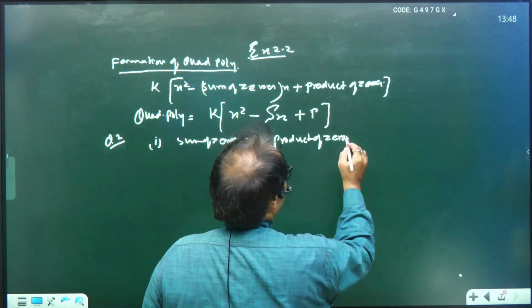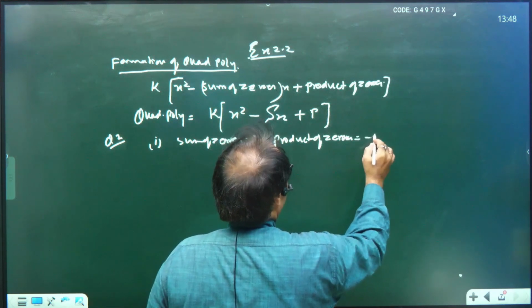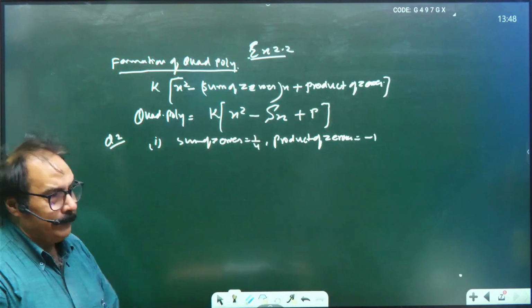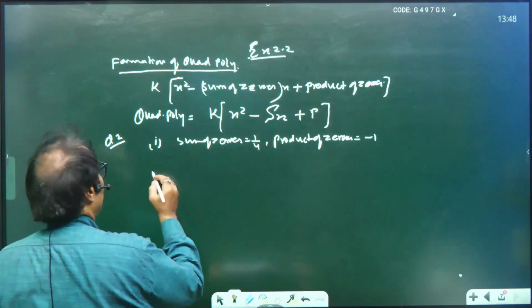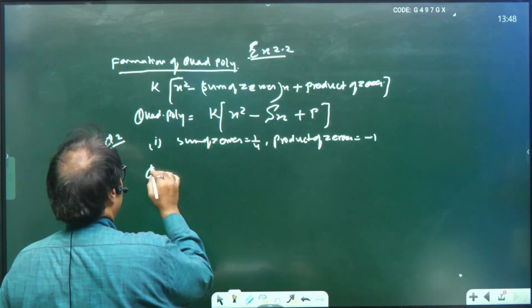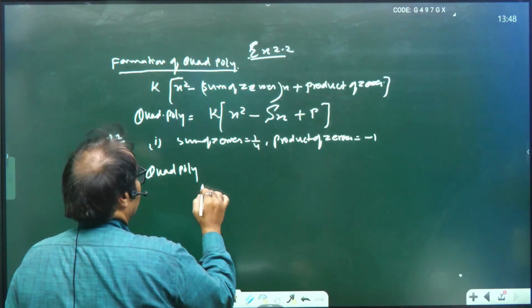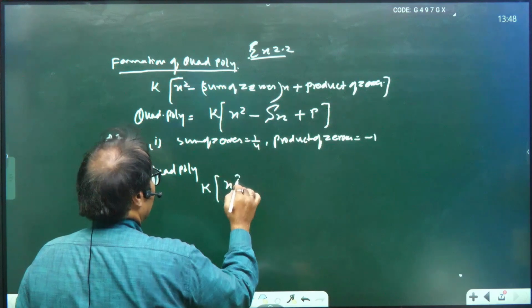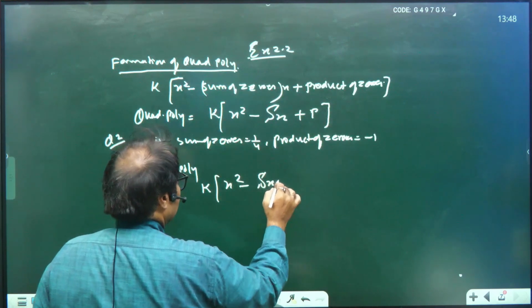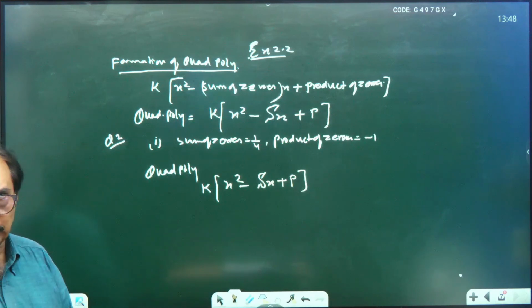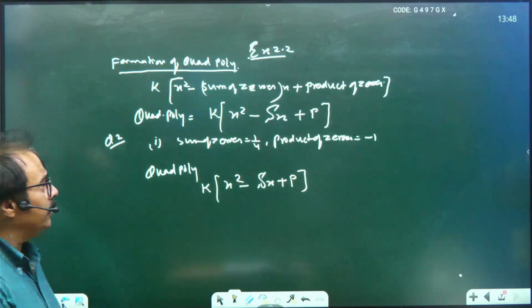Here, the product of zeros is minus 1. So first I am simplifying with this method. The quadratic polynomial is k times x square minus Sx plus P, where S stands for the sum of the zeros and P stands for the product of the zeros.